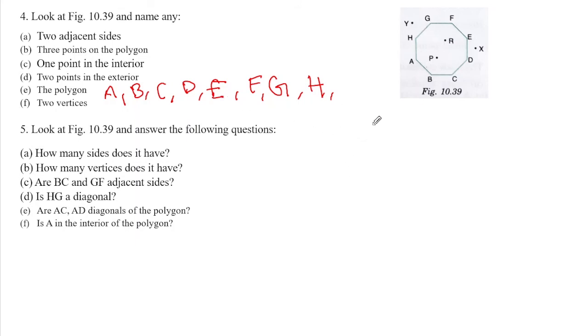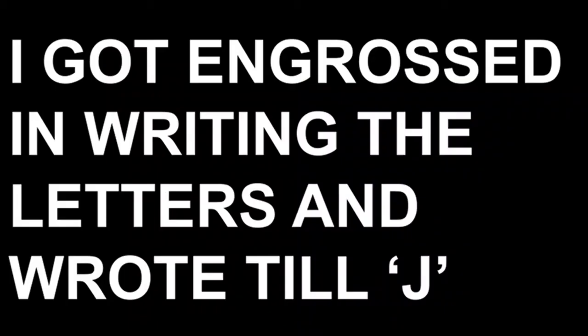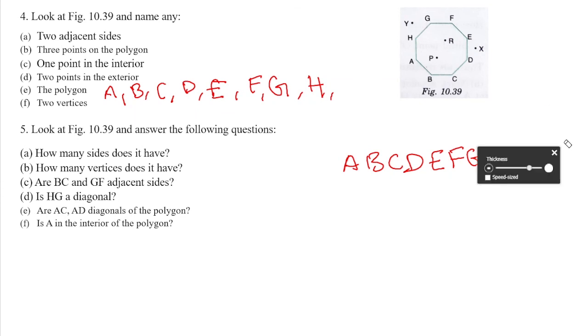So we just write the same points, the letters. Instead, we don't write the commas. So without the commas, we have to write all of this to name the polygon. So it will be A, B, C, D, E, F, G, H. There's no I, J, K, L. I was going to write till Z. Okay.